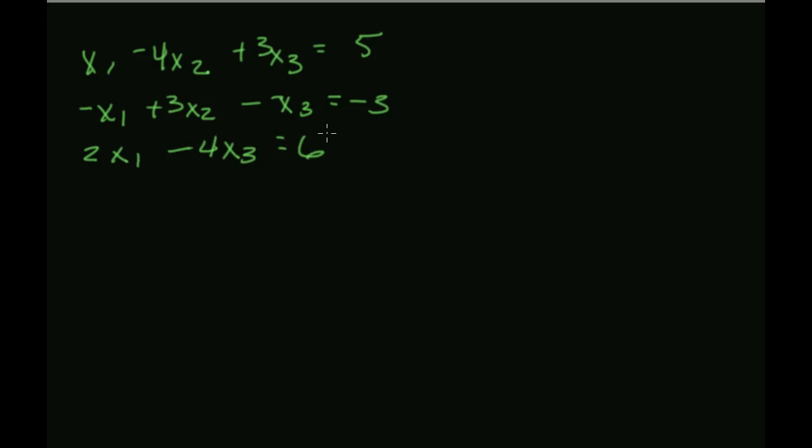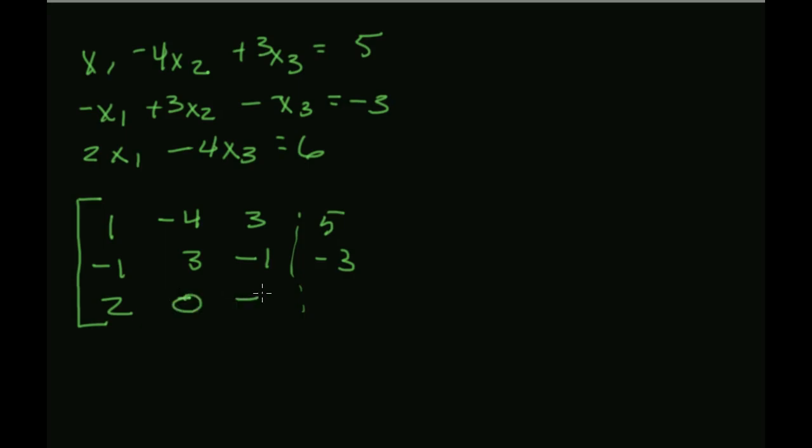Now, from the row operations business that we did last time around, you'll note that there's a lot of extra notation in this that you really don't need. So what you can do is turn this into an augmented matrix, and you just work your way across. 1, negative 4, 3, 5. Negative 1, 3, negative 1, negative 3. 2, 0, negative 4, 6.